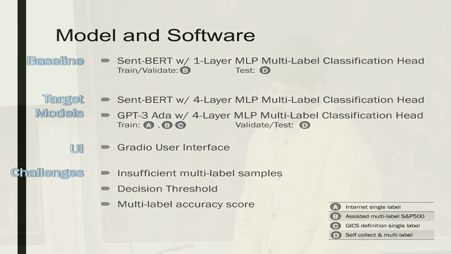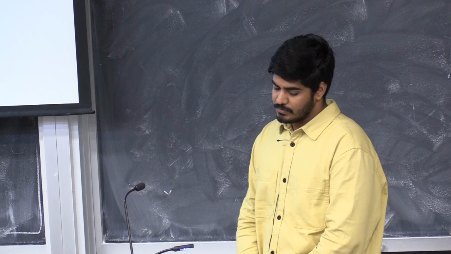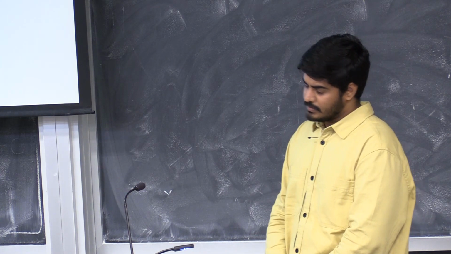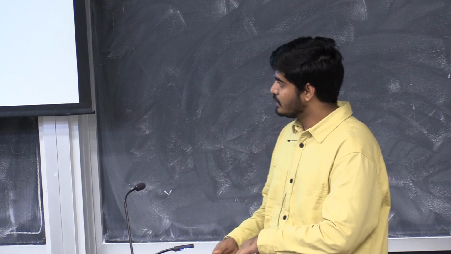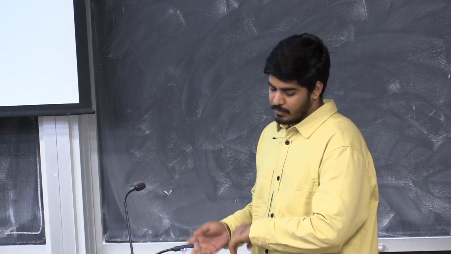We have tried smaller classification heads, but the model wasn't able to generalize well with the given data in hand. We have tried various ways to train our model, but we found that the model trained on single label data first and then fine-tuned with hand-labeled data has performed the best.